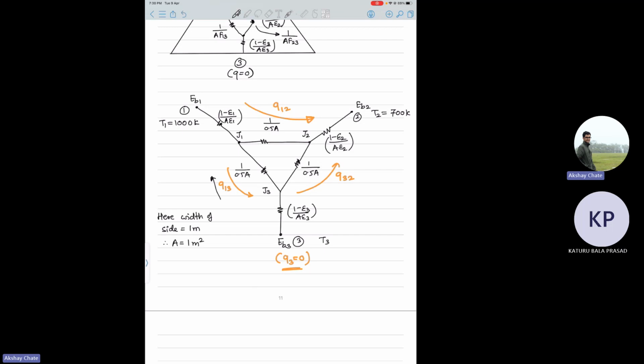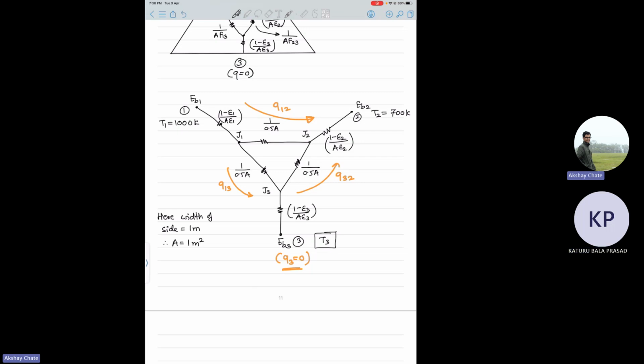Whatever we solve, at the end we will get a negative value for Q1. That is okay. What you are thinking is also correct. If that is the correct thing, then Q1 will be negative and Q3 to 2 will be positive. So we have to solve that, and we'll see what happens.